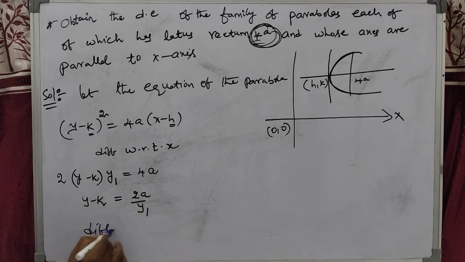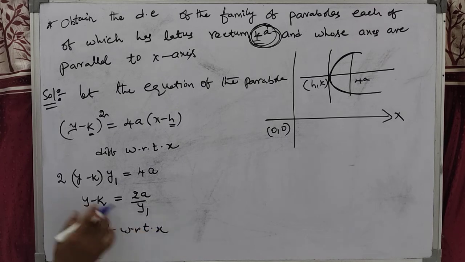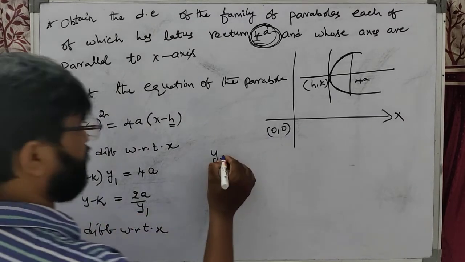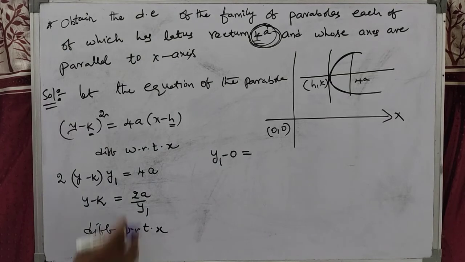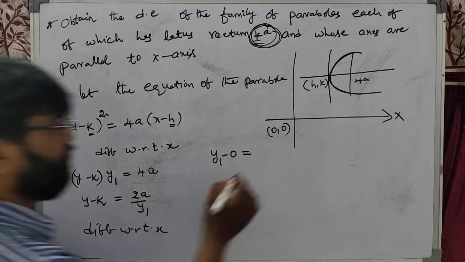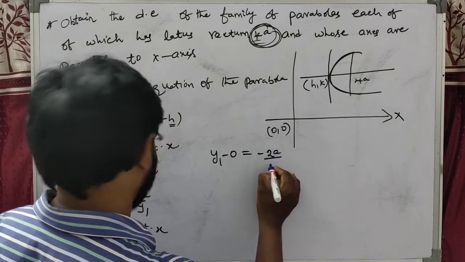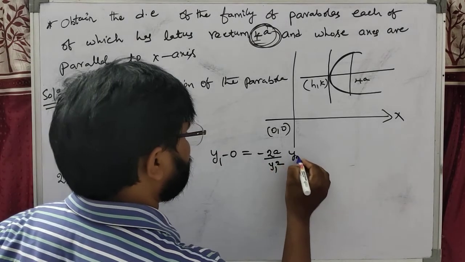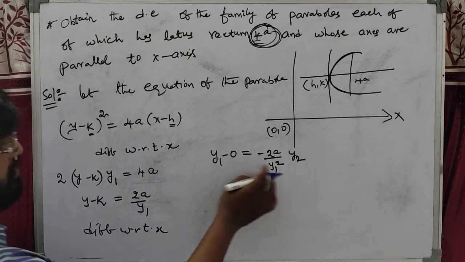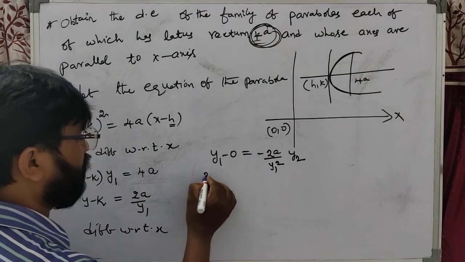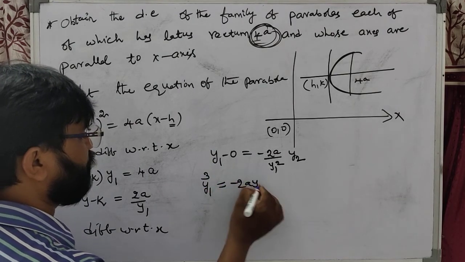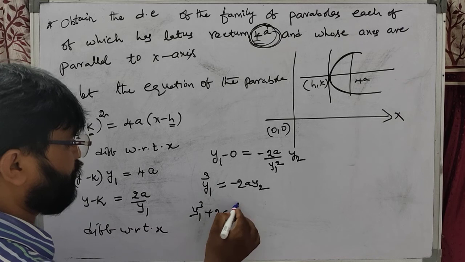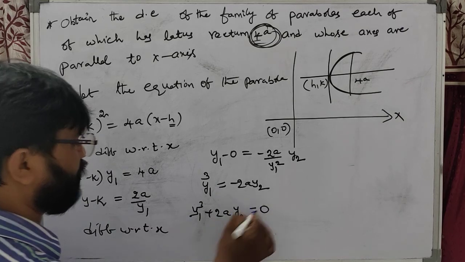Now, differentiating with respect to x, the derivative of y is y1, the derivative of the constant is 0, the derivative of 1 by y1 is minus y2 by y1 square, so minus 2a y2 by y1 square. Now cross multiplying, we get y1 cube plus 2a into y2 equal to 0.